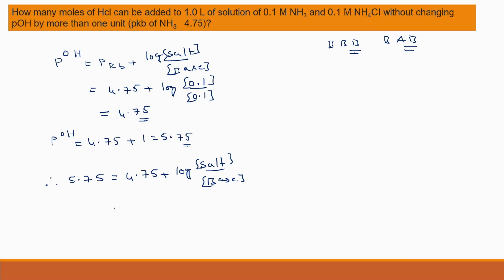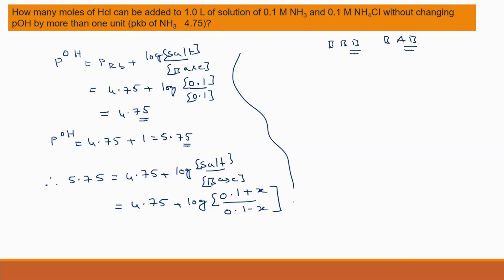So 4.75 plus log. The concentration of salt will increase, so 0.1 plus x, and the concentration of base will decrease, so 0.1 minus x.